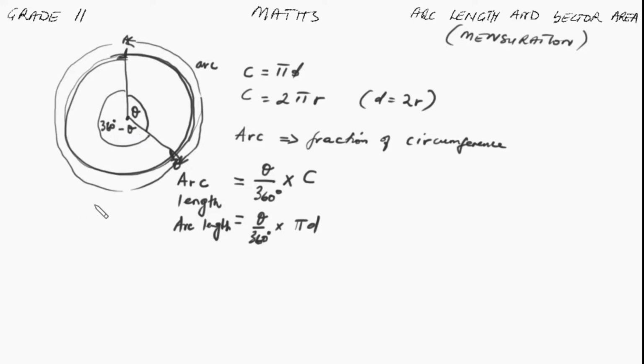So to find the arc length of the major arc, the fraction of the angle is 360 minus theta, all over 360 degrees, times pi diameter. This would give you the length of this major arc. So you just need to know this angle. If you know this one, you can subtract it from 360 to get this one. Then you put that value over 360. It's the fraction of the circumference. So that is the arc length.